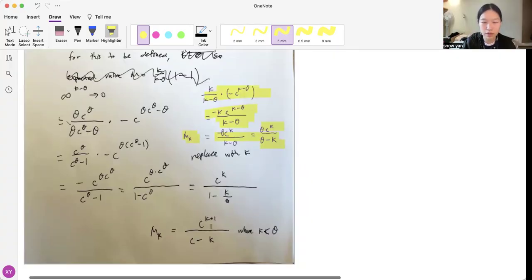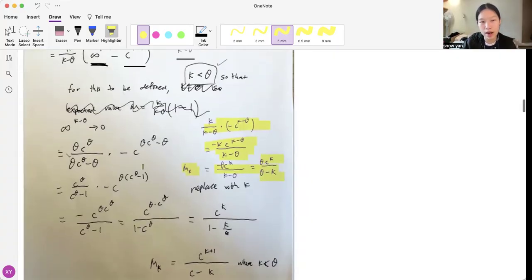Obviously, my final answer was slightly different because I first wrote every k in terms of theta and c to the theta, but it's essentially the same thing, just in a different form.